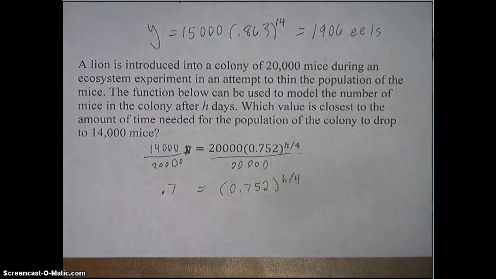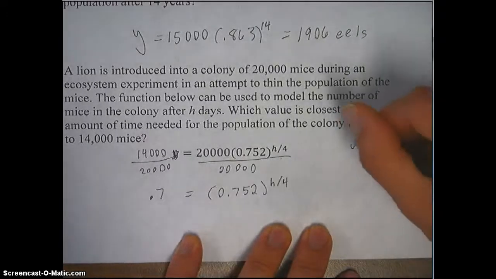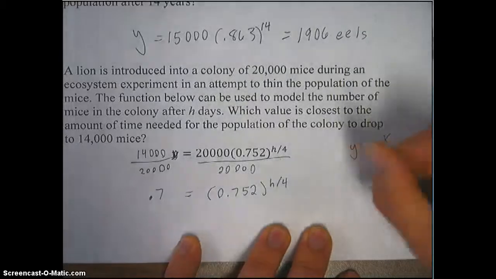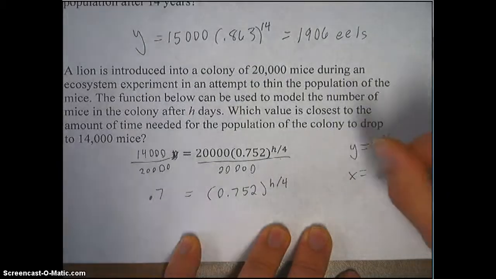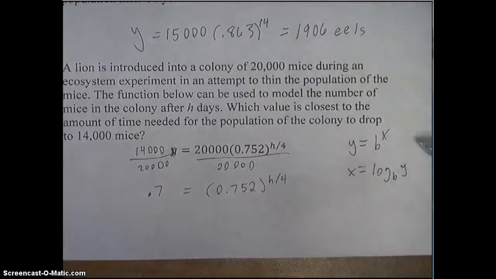At this point, we want to remember our exponent rules. We did this a few days ago. Remember, y equals b to the x, and x equals log base b of y. So you might write this down on your formula sheet so that you have it handy.